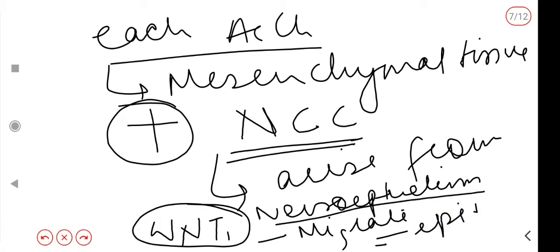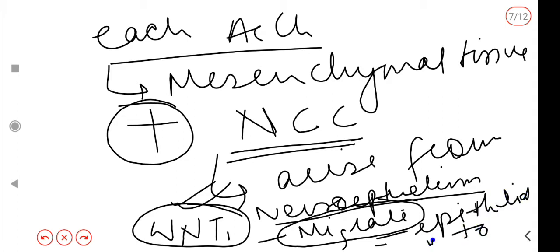These arise from the neuroepithelium, but they have the potency to change into the mesenchymal tissue.